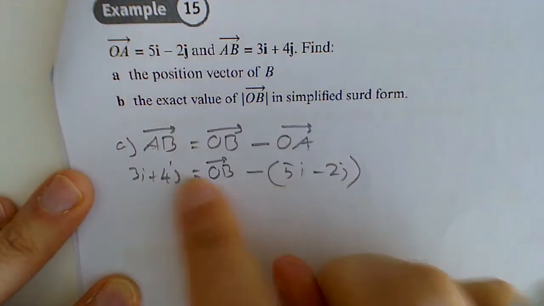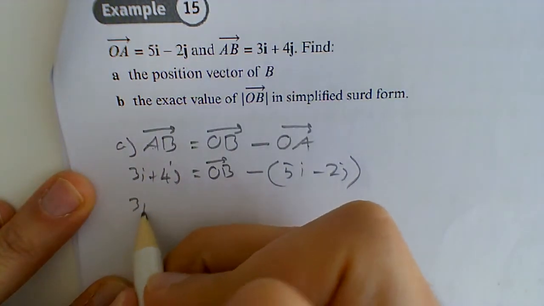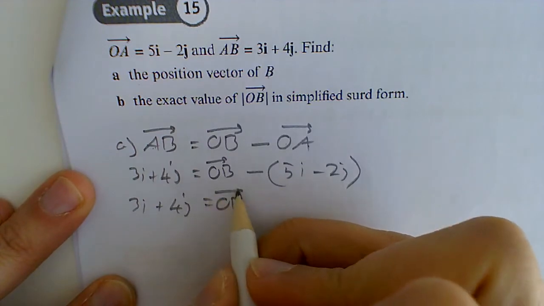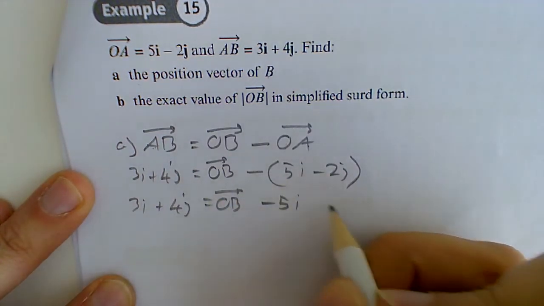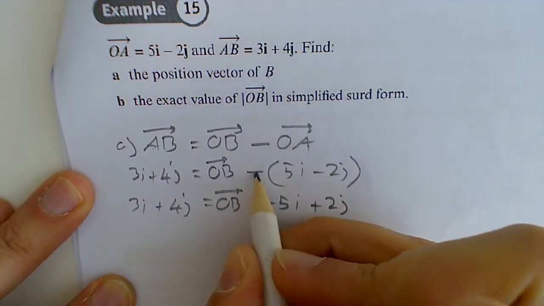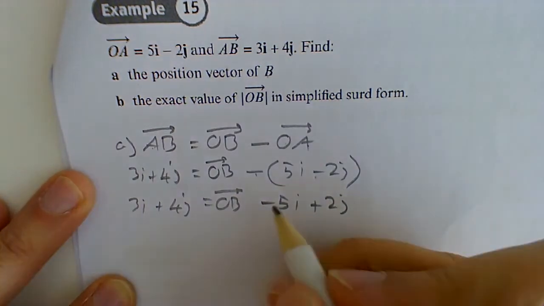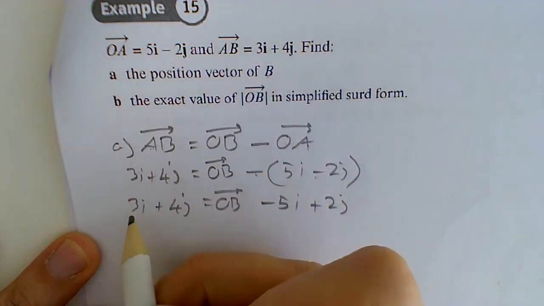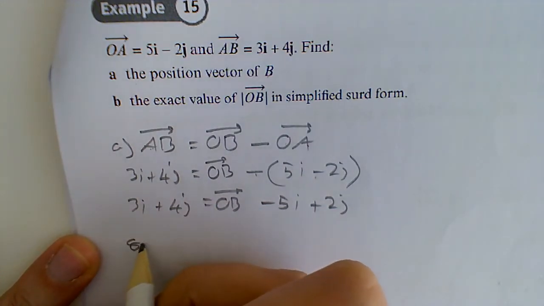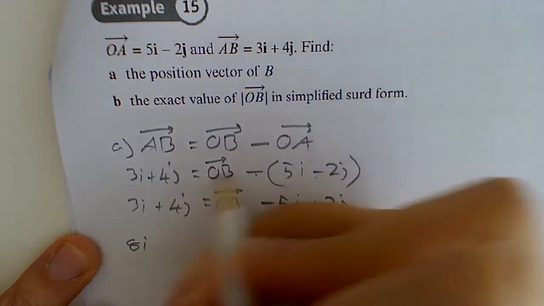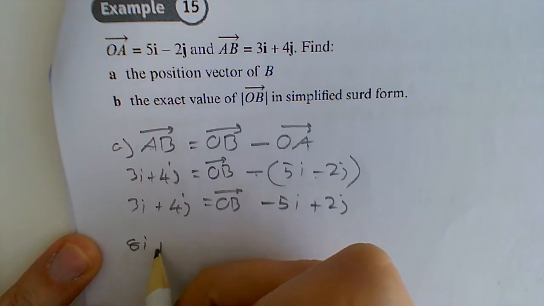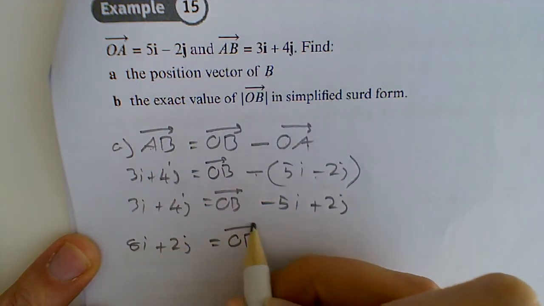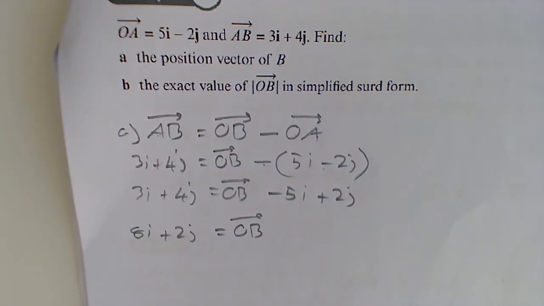First I'm going to get rid of the bracket. That'll be minus 5i plus 2j, remember, because I turn that minus positive. Then I bring everything over to the other side. That minus 5i, when it goes over there, adds on to the 3i to give us 8i, and that 2j comes over and adds to the 4j to give me 6j. So that's the position vector OB.